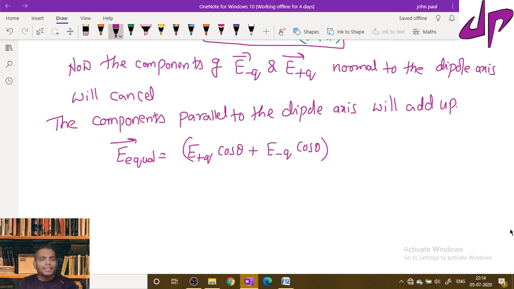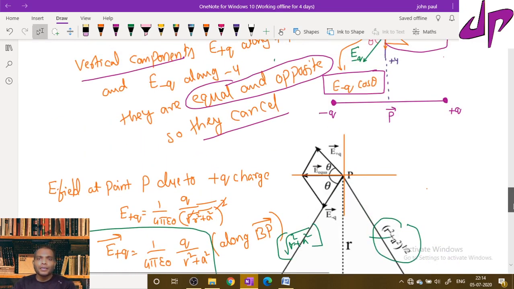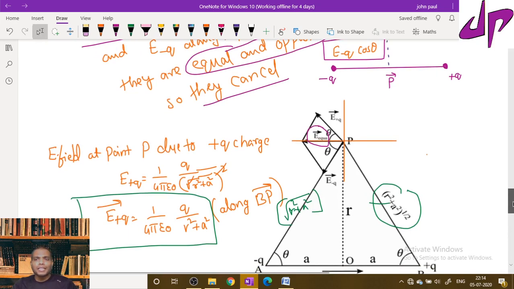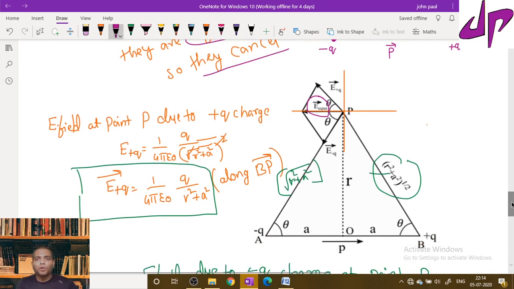But what about the direction? The direction of the electric field here is in the negative x-axis. We need to represent that by comparing with the dipole moment. If you take the dipole moment along the positive x-axis, the resultant electric field at the equatorial point is opposite to the dipole moment.